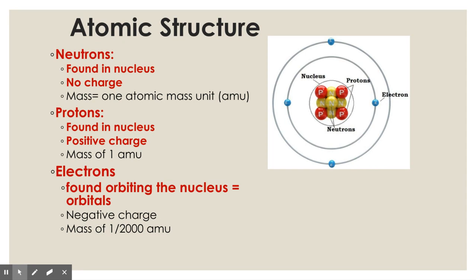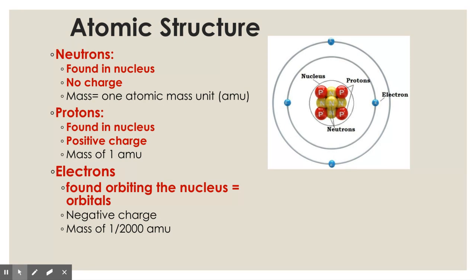And we've got this nucleus, that's the center of our atom. And in that center, we will find neutrons. Neutrons are subatomic particles that have no charge. N for neutrons, N for neutral or no charge. And when we think about how much mass it has, one atomic mass unit is how much a neutron weighs, which is sort of an arbitrary number for us as biologists, but know that it has some substance to it.